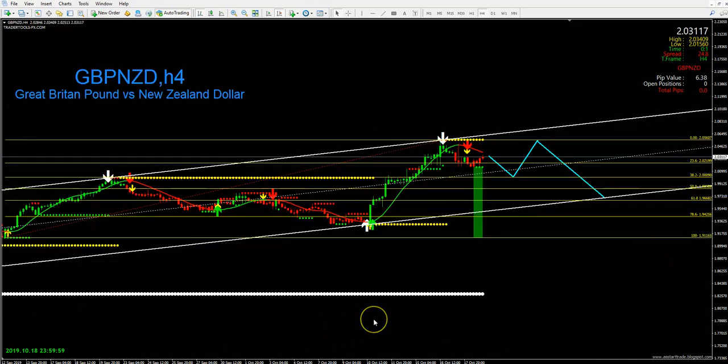The next pair that I have is the Great Britain versus the New Zealand dollars. I'm training a lot of people on this pair, and I'm telling everyone the market is giving us a nice triple arrow on 4 hours. Obviously, you have to verify this in a daily. As everybody knows, the triple arrow has to be verified with a daily.